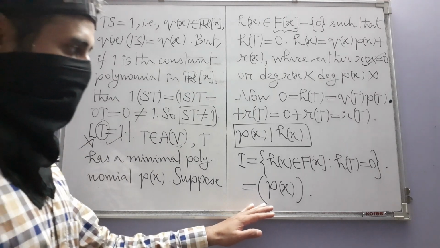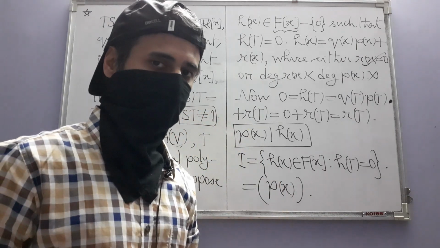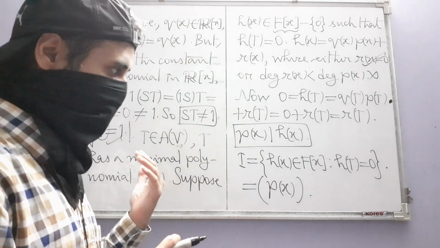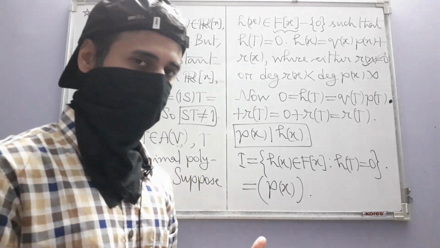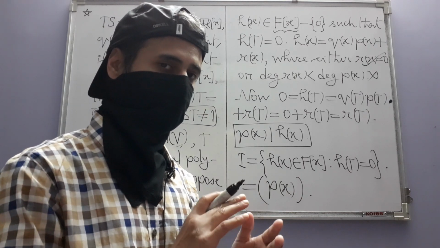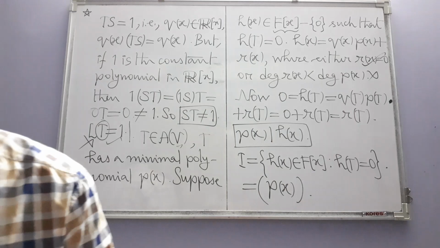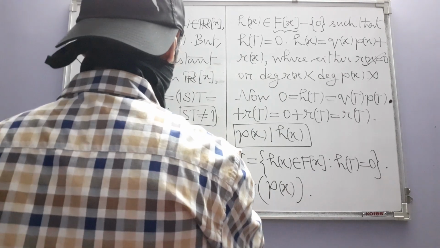Now to end the video, I am going to state a result which links a minimal polynomial of a linear operator with its regularity or lack thereof. It's very interesting. Let's just see the statement, and with that we are going to end.